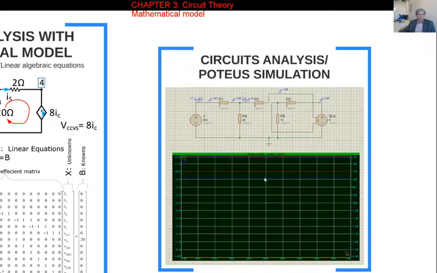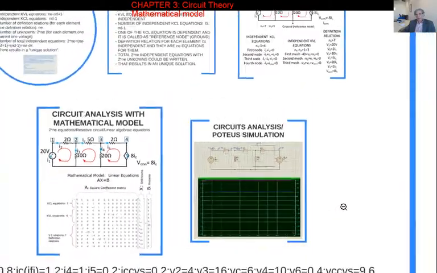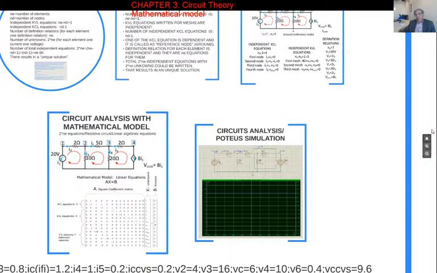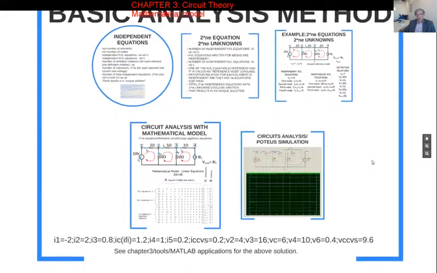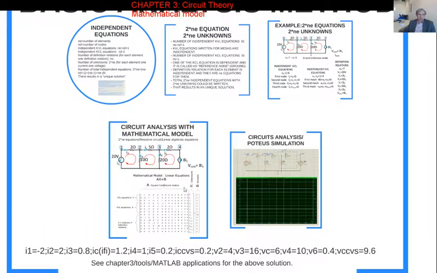Whatever you found here should be the same as the mathematical solution. Another platform that we use for the analysis is MATLAB. Once you write these equations, you can transfer this result to a MATLAB command and then find the results directly by using a program. You don't have to do it manually.